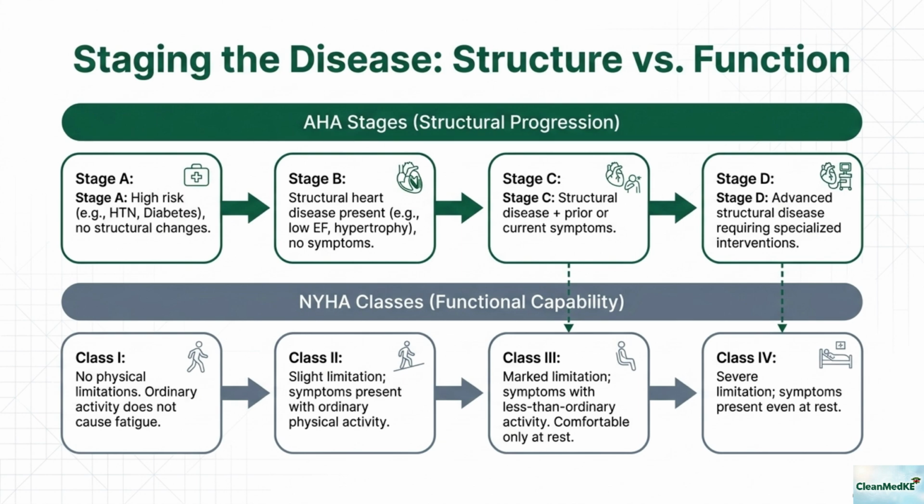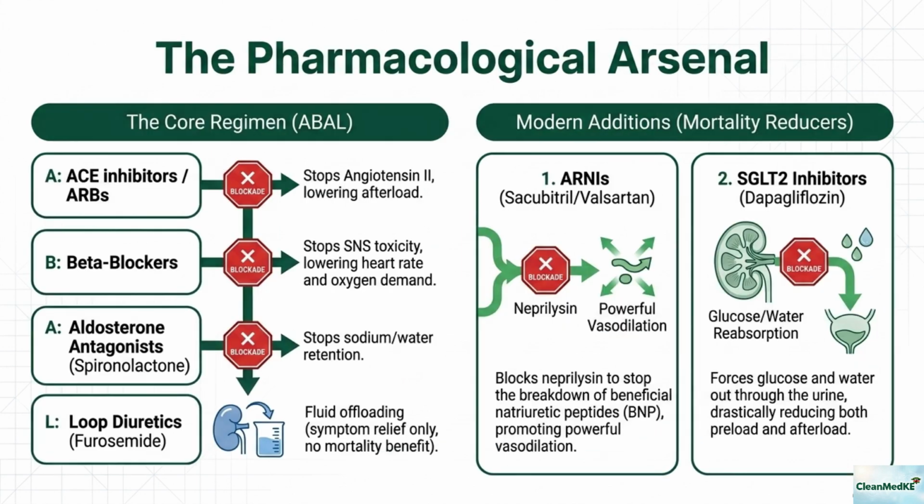The NYHA classes, 1 through 4, focus on functional capability. Class 1 patients have no physical limitations, while Class 4 patients are symptomatic even at rest. A patient can move between NYHA classes as they get treated, but they generally only move forward through the AHA stages. Treating heart failure is about blocking the vicious cycles we discussed earlier.